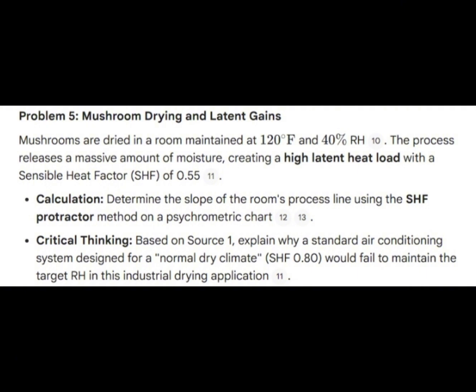The process indicates a massive amount of moisture, creating a high latent heat load with a sensible heat factor, or SHF, of 0.55. The required is to determine the slope of the room process line using the SHF protractor method in a psychrometric chart.